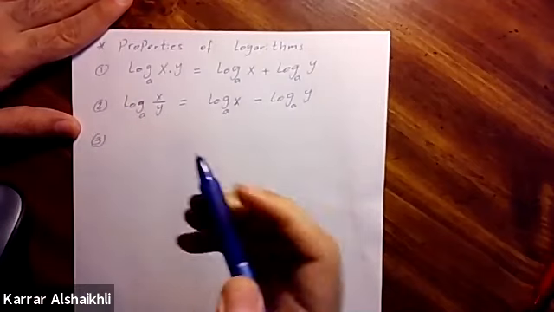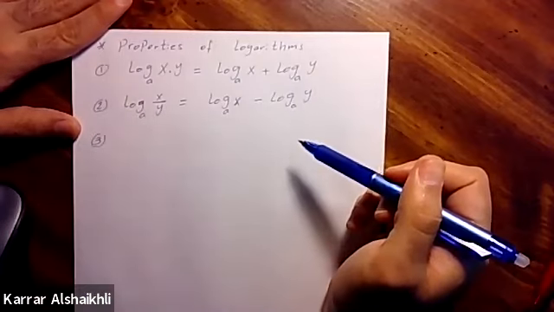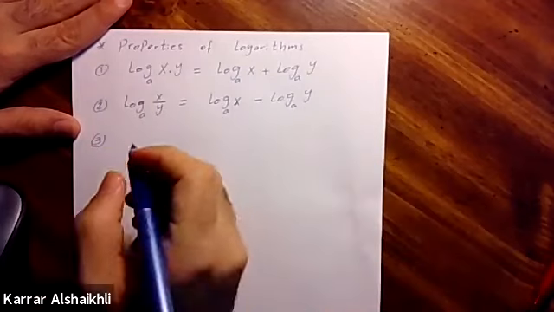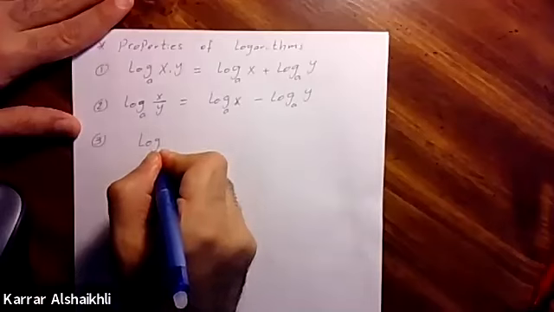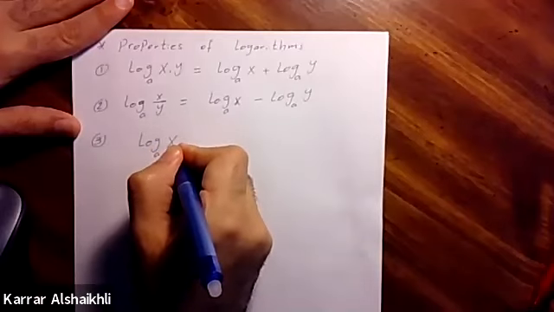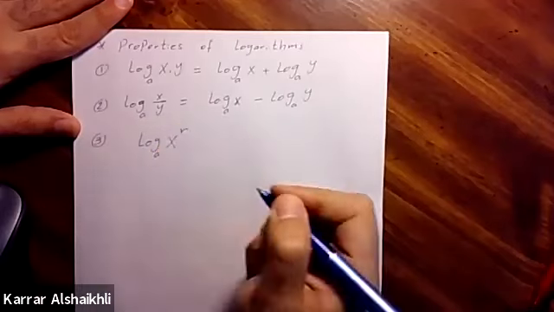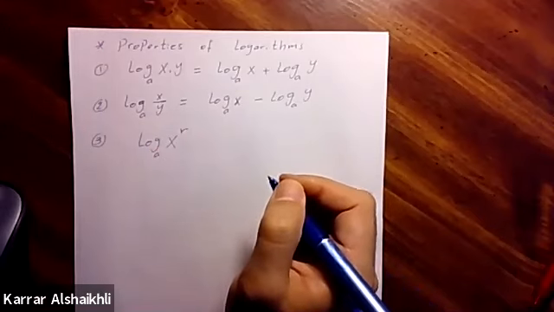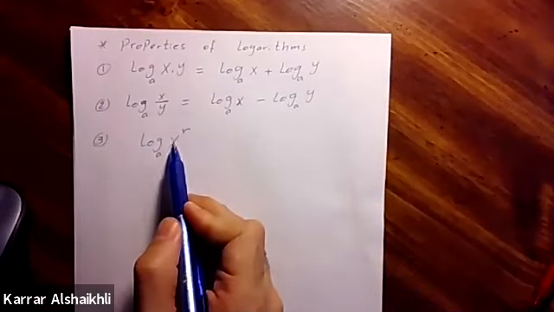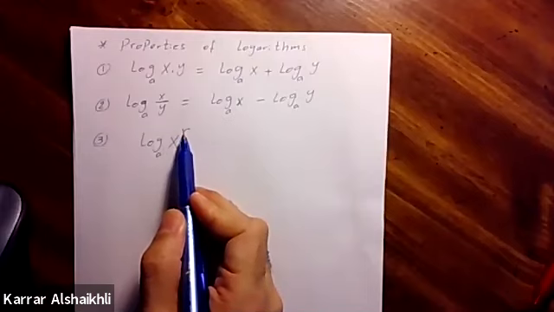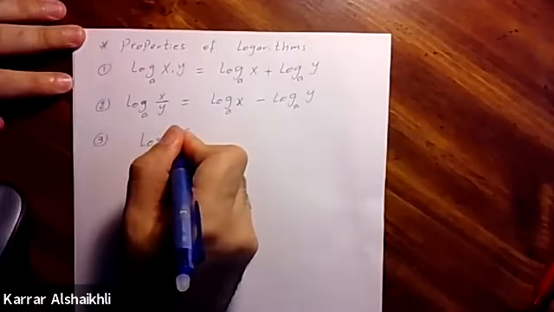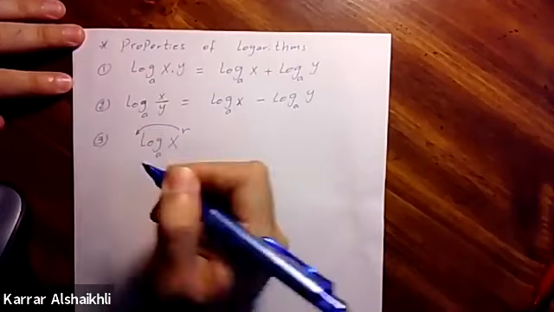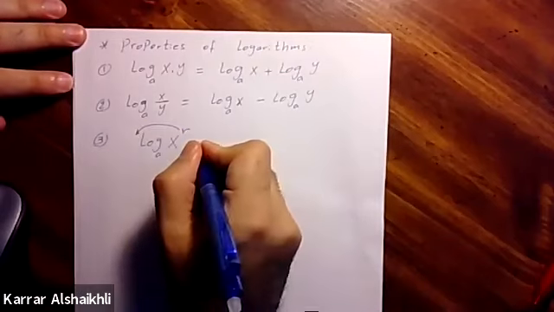The third rule. These first three rules are really important. If you have log to the base a of x to the exponent r, first of all, we have one number, but this number has an exponent. How are we going to do that? We're just going to move the exponent in front of the log.